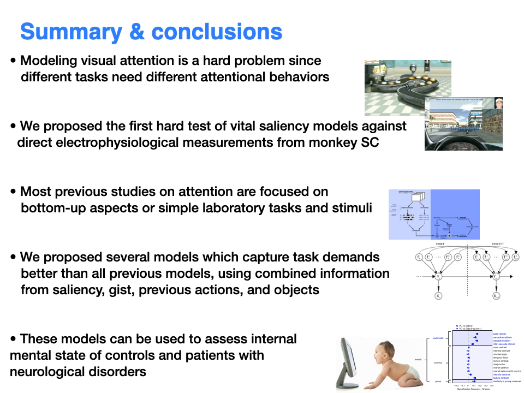We not only develop the models, but I've also shown you how we can validate them directly against, in our case, single unit recordings in monkeys, and how those models can be used not only to make predictions of eye movements, but also to make short-term predictions of the internal state of the user and their intentions and their future actions, for example, pulling the trigger or speeding up and so on.